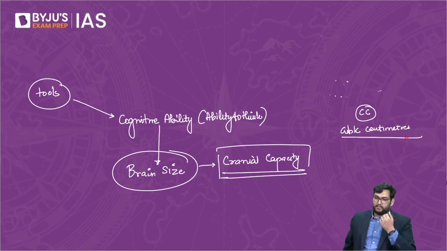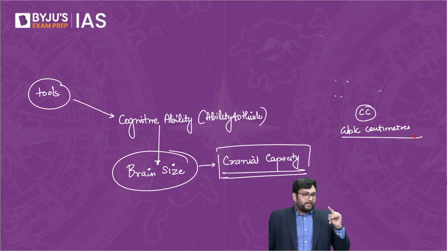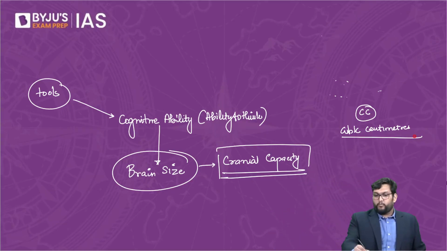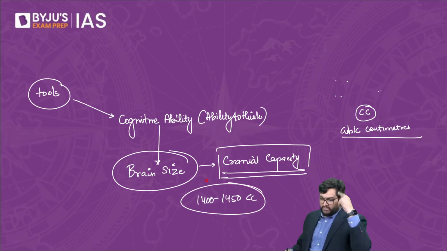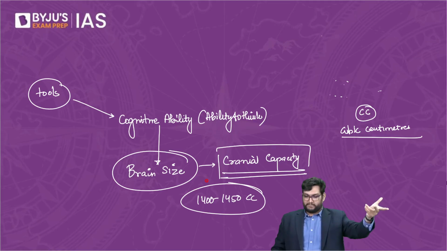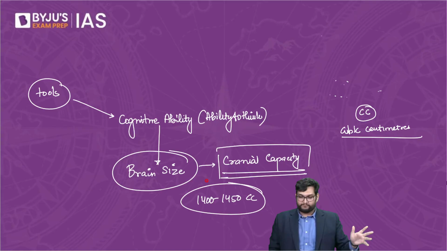Now, all this is anthropology. Basically, you and me have 1400 to 1450 cc, meaning you and me have more or less the exact same cranial capacity.